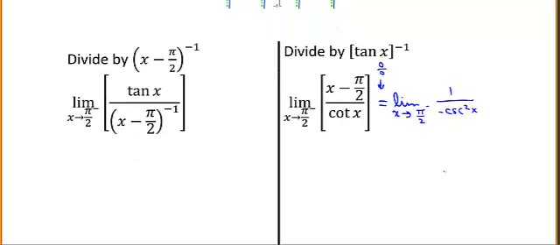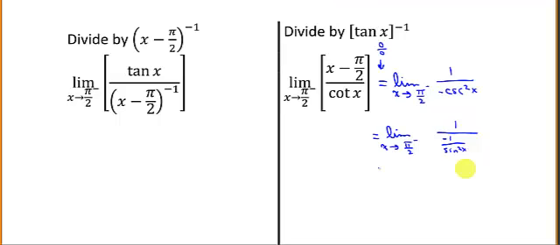And remember that that's the limit as x approaches pi over 2 from the left of 1 over negative 1 divided by sine squared of x, because cosecant is a reciprocal of sine.